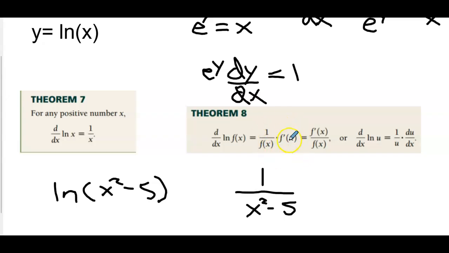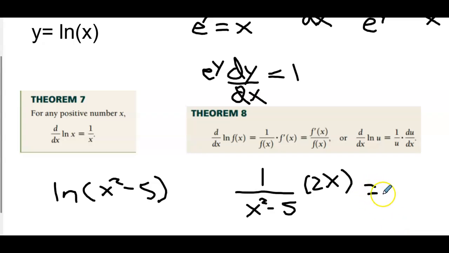Now, to get this derivative, we also have to consider the inside component. Again, this is the chain rule, so we have to multiply by the derivative of the inside, x squared minus 5, which is 2x. This product is the derivative of my example, natural log of x squared minus 5, with respect to x.